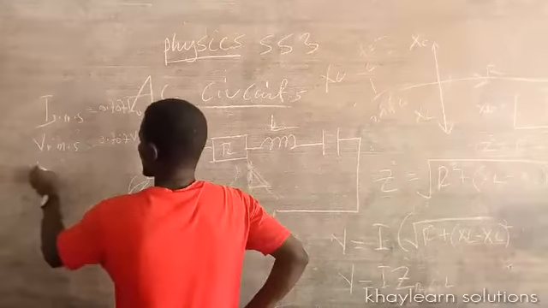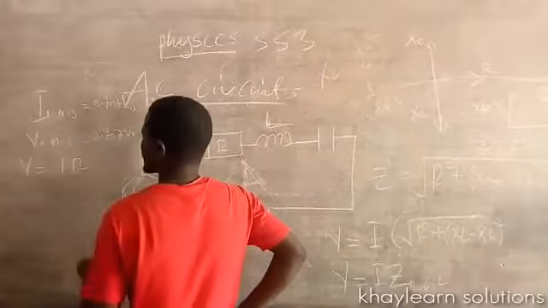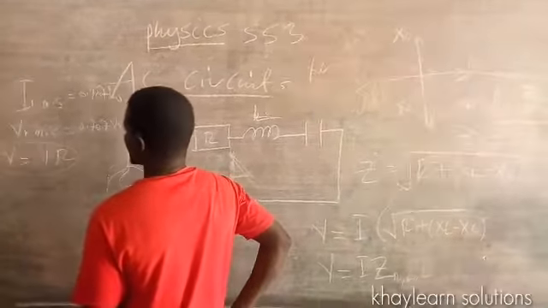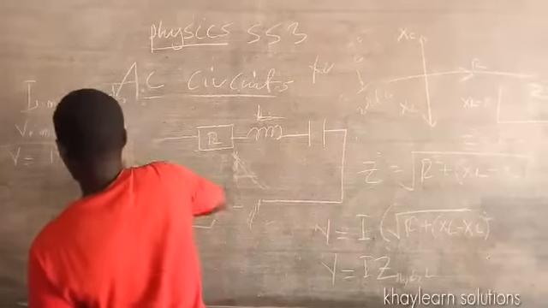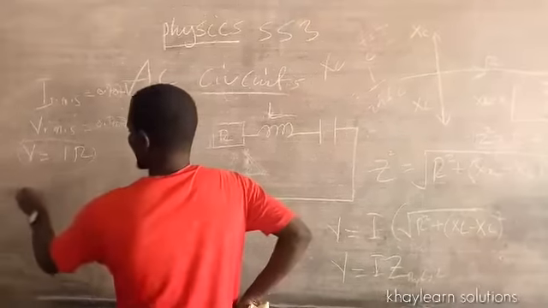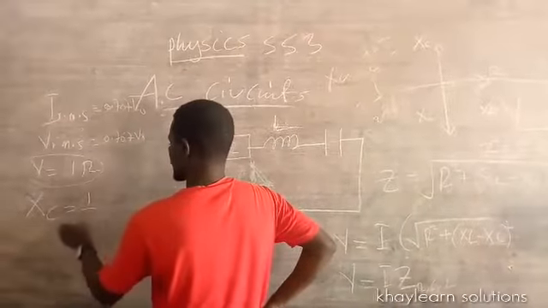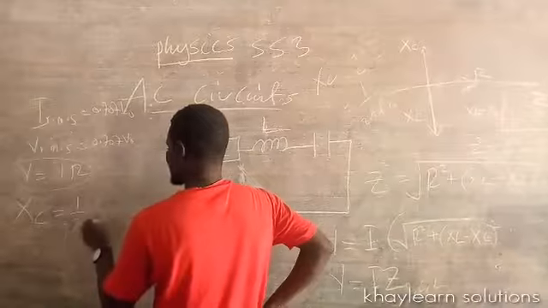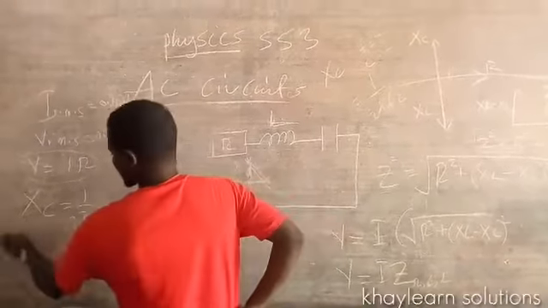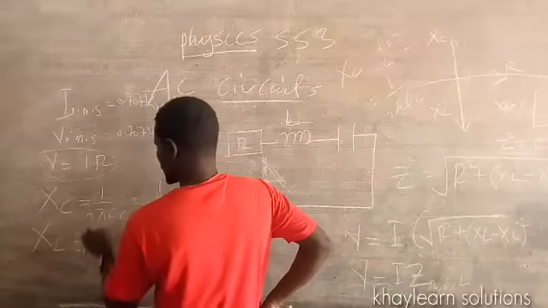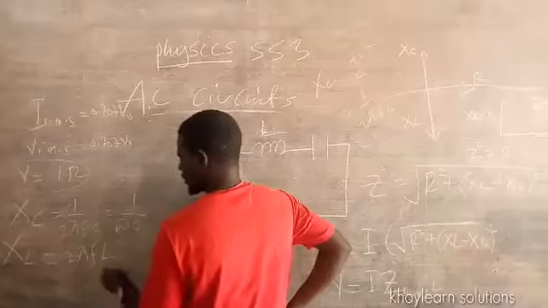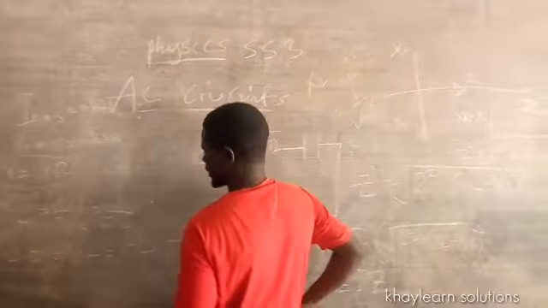Also, with V equals IR, you can apply root mean square or peak values over this Ohm's law. Then reactance: capacitive reactance is 1 over 2 pi FC, which is the same as 1 over omega C. Inductive reactance is 2 pi FL, which is the same as omega L.